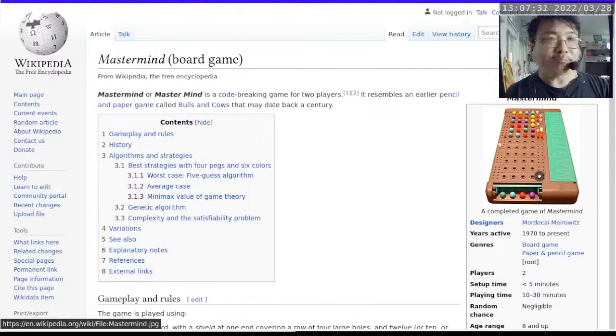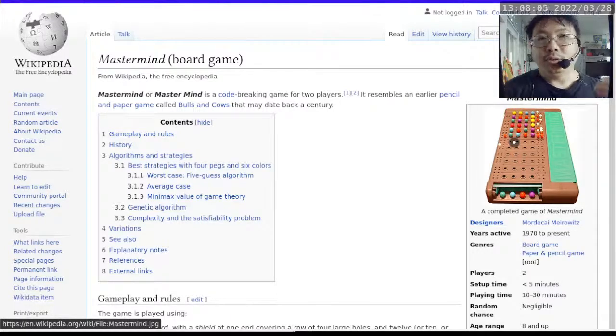And the way the game is played is, once you present your guess, the person who is hiding the pattern will give you a clue. So if I remember correctly, a black peg as a score means you have one of these things having the right color at the right position. And then of all the ones that are not the right color at the right position, if one is matching a color, then you give the person a score of, quote unquote, a white peg, and so on.